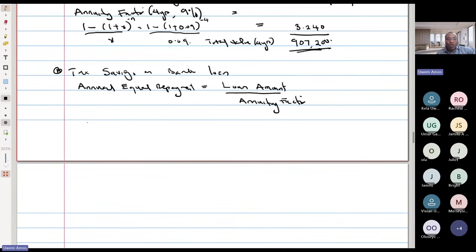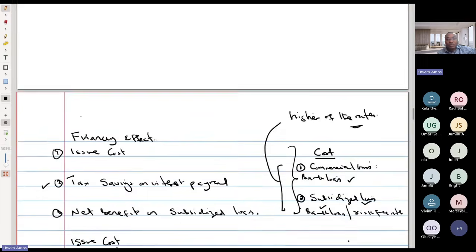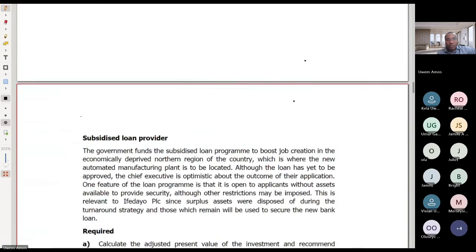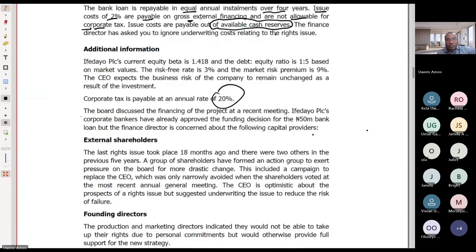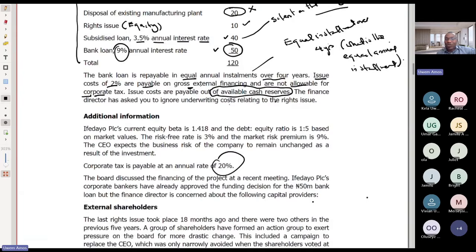For the bank loan, how much are we collecting from the bank? We're borrowing 50 million. So we divide that by the annuity factor.